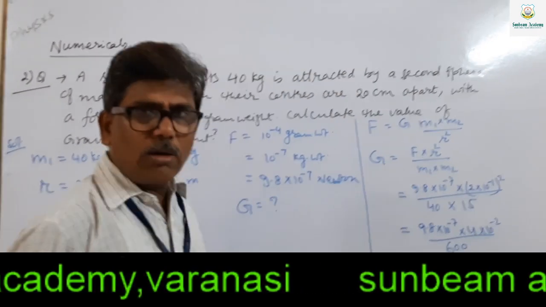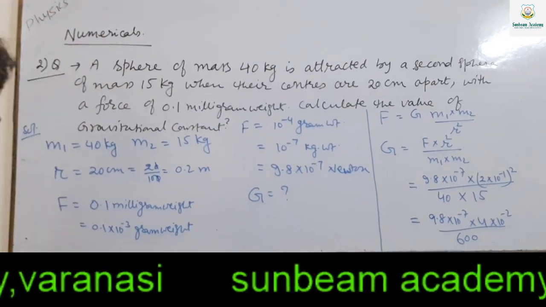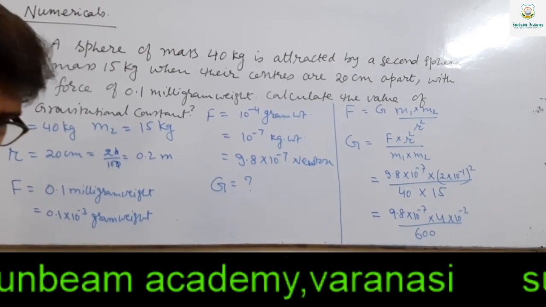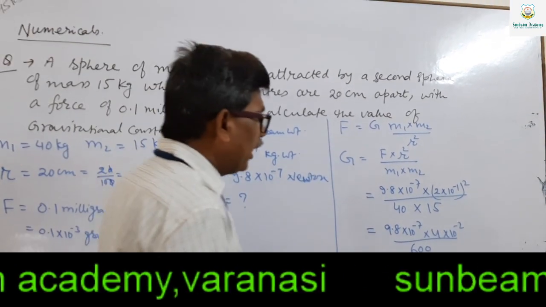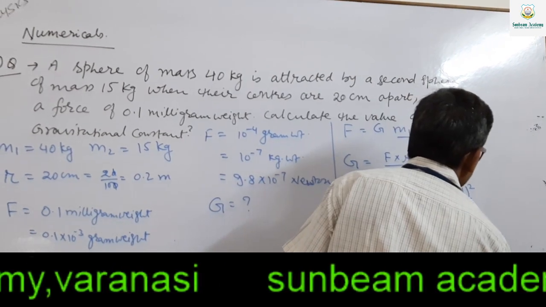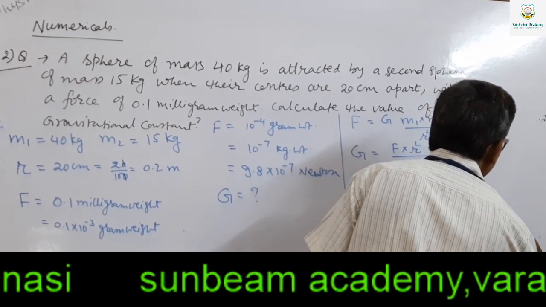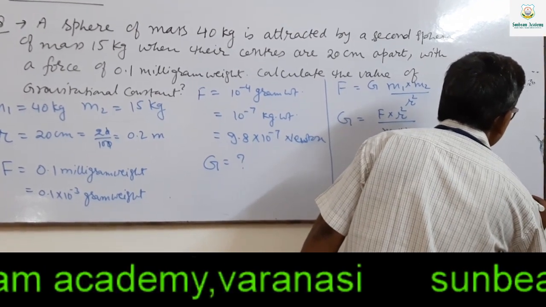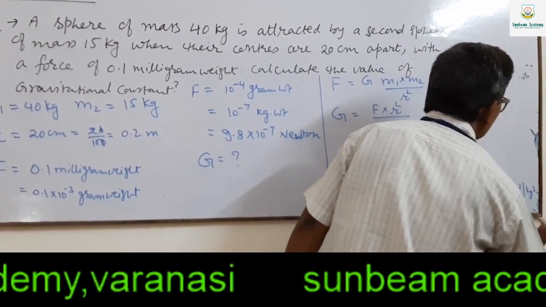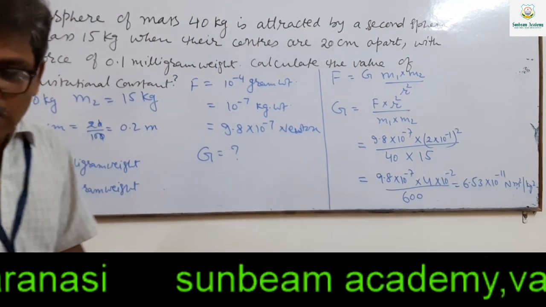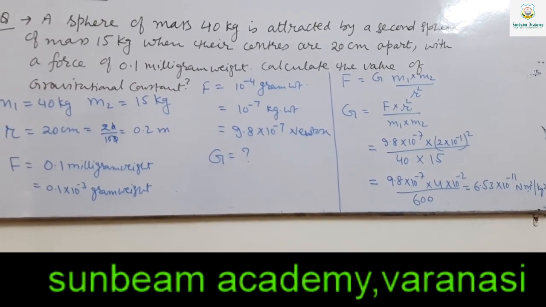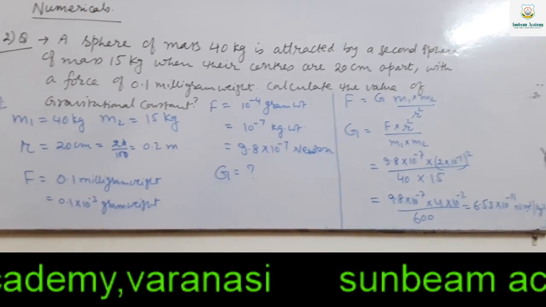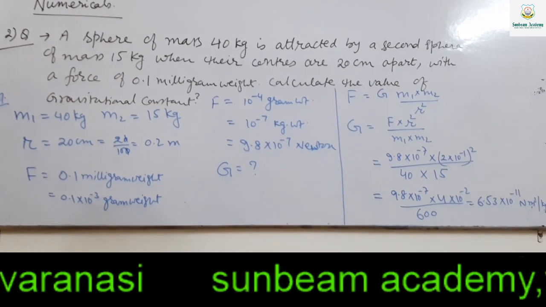When you calculate all this value, it will be approximately 6.53 into 10 to the power minus 11 Newton meter square per kg square.